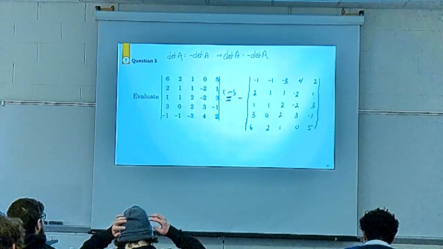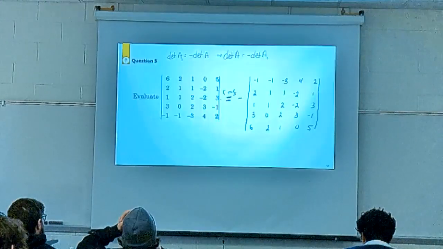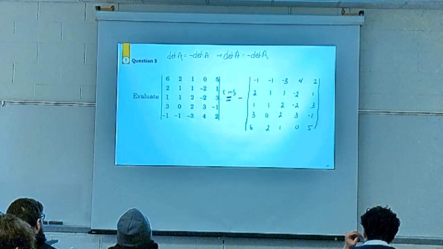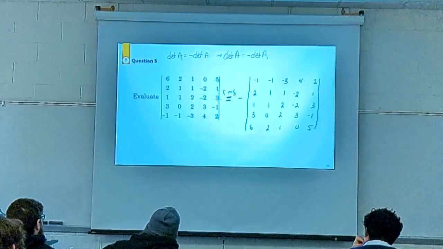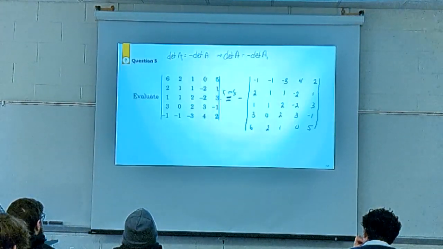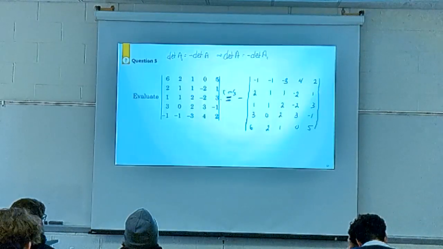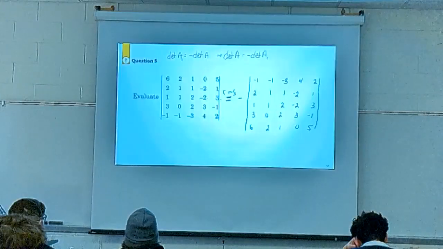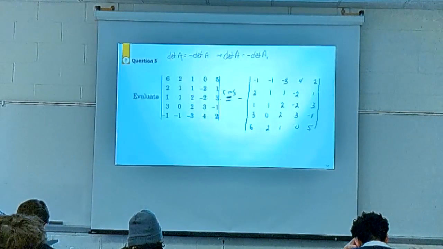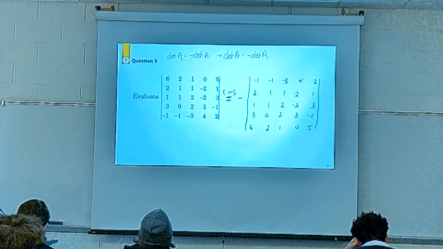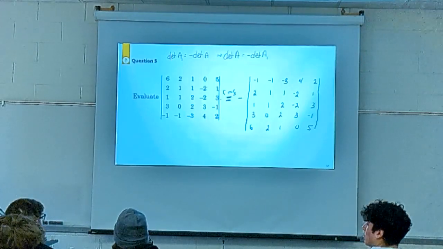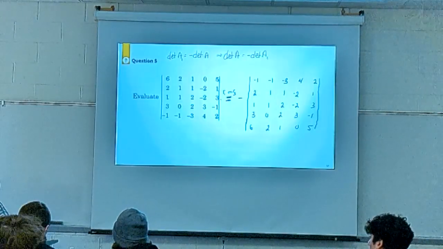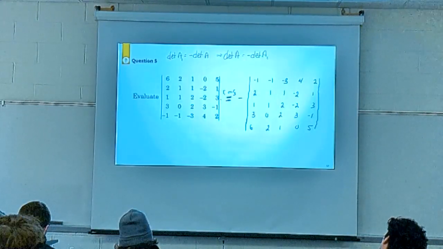Times 3, right? 12 plus 3. And 6 minus 1. Last one. Negative 6 and 2. Negative 18 and 1. 24 and 0. 12 and 5.